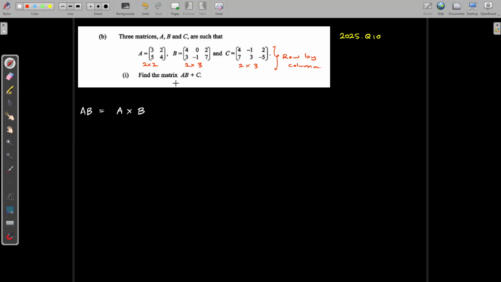And how do we know if we can multiply two matrices? We compare the orders. So we list the orders. Matrix A is a 2 by 2. Matrix B is a 2 by 3. If the inner elements are the same, that tells us that they are compatible.